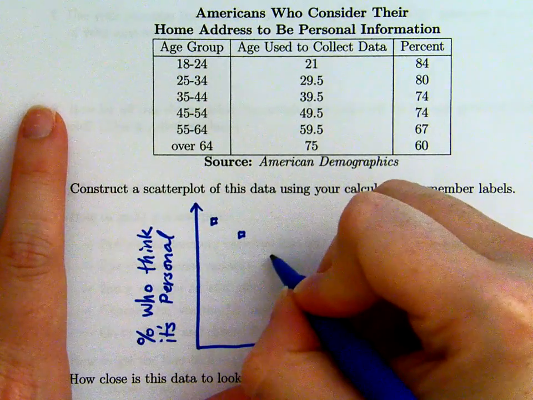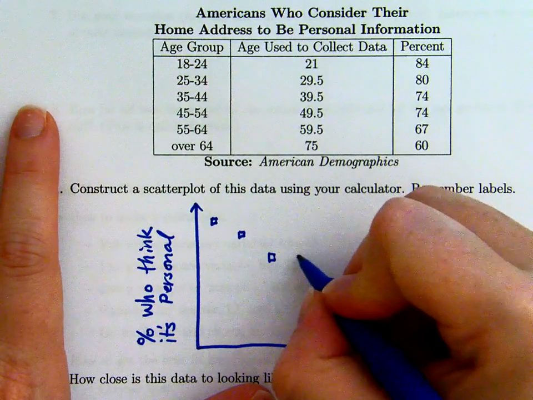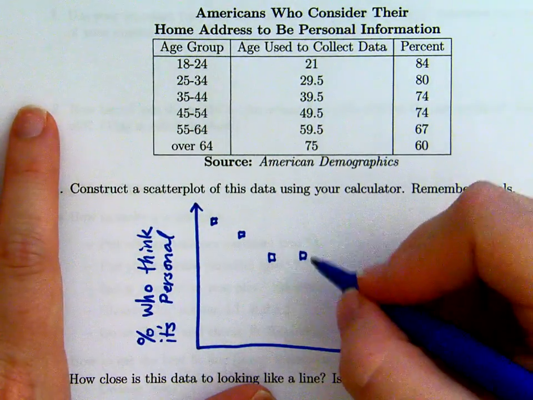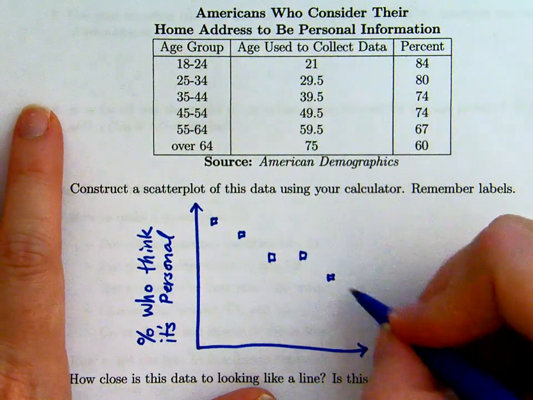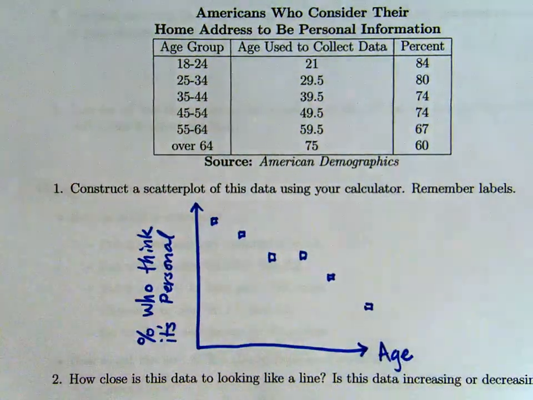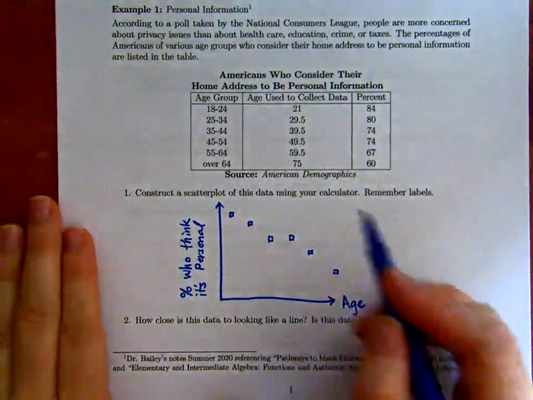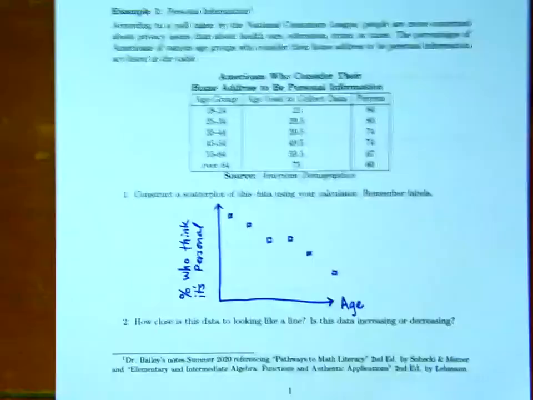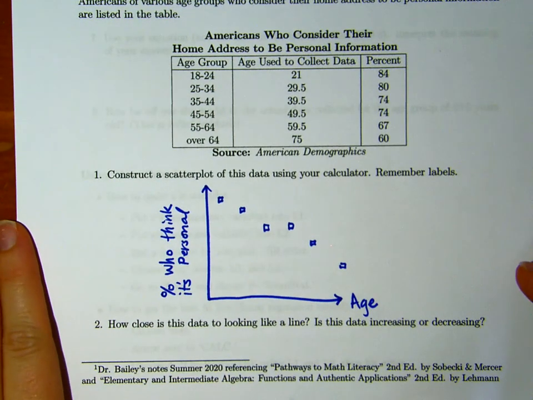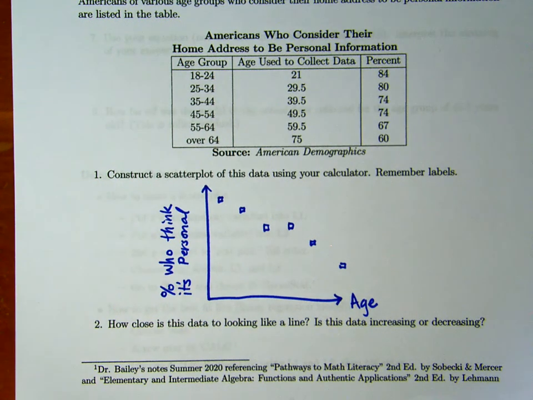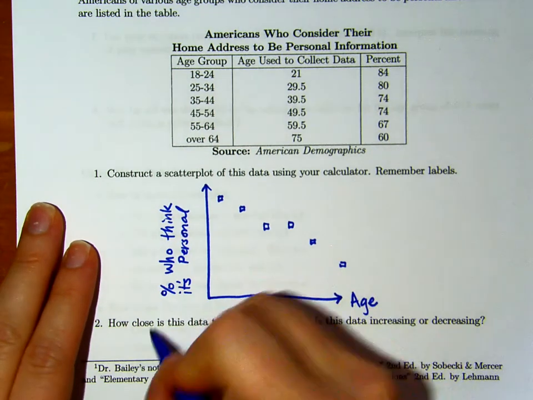Got it. There you are. And then there you are. And then there you are. Something roughly like that. Remember your labels. Oops. How close is this data to looking like a line? I feel like it's pretty close to being linear. I mean, it's pretty close.